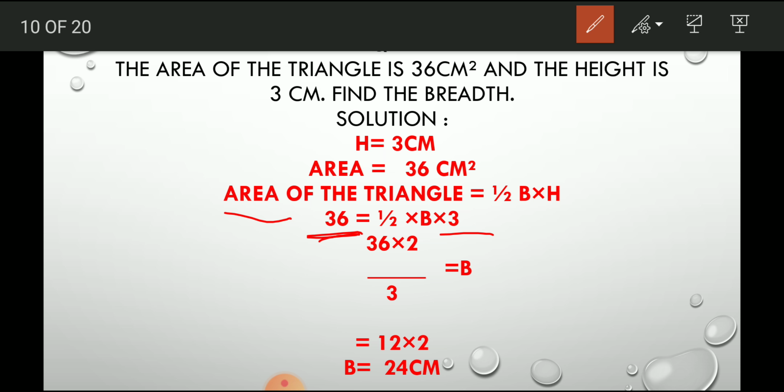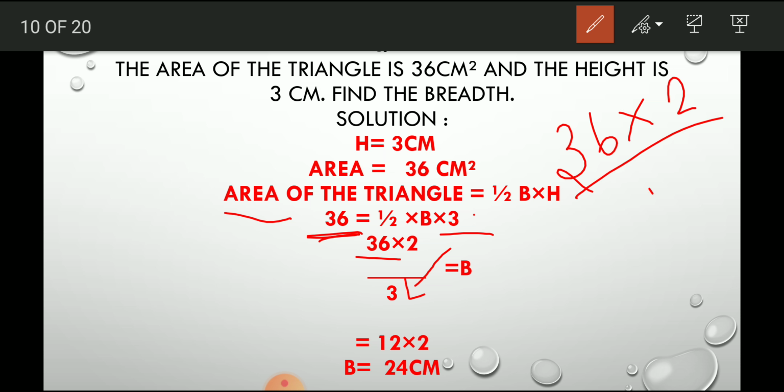The 2 will be moved to the opposite side using a multiplication term. Then the 3 is a multiplication term, so 3 will come to the opposite side using a divided term. Okay, so 36 into 2 divided by 3.